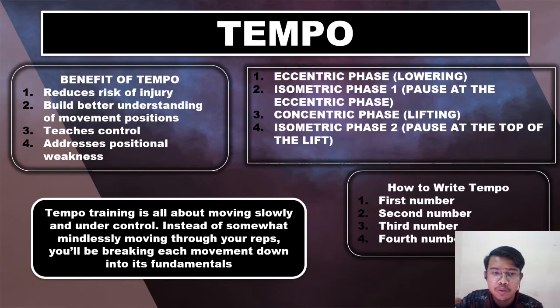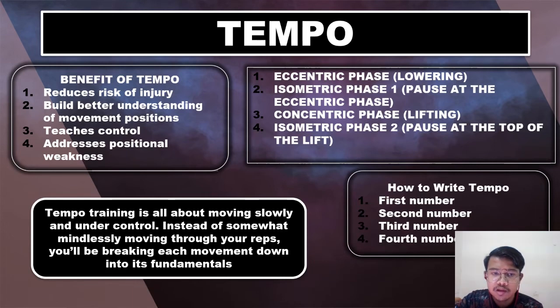The first number refers to the lowering, the eccentric pace of the lift. Using our front squat example, the 3 will represent the amount of time it should take to descend to the bottom of the squat. The second number refers to the amount of time you spend in the bottom position of the lift, the point at which the lift transitions from lowering to ascending.